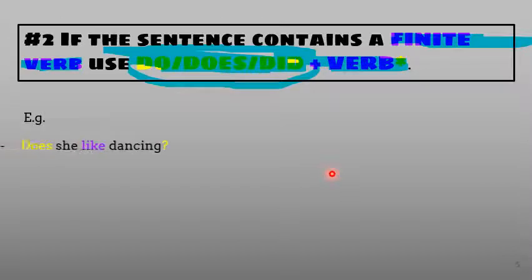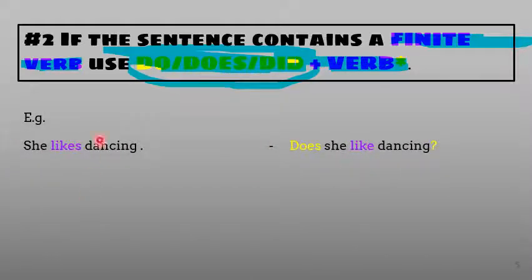Now, if my sentence does not contain a verb to be, she likes dancing. That is not a verb to be, that is a finite verb. It can stand completely on its own and make sense. Then I have to call in my helping verbs, in the form of do, does, or did, to formulate my question.